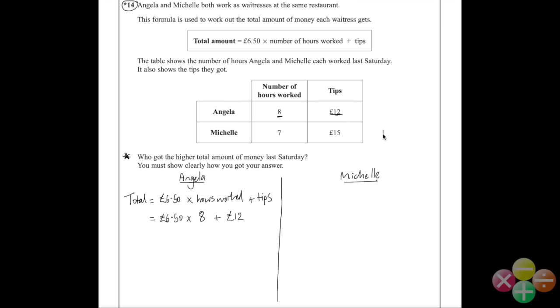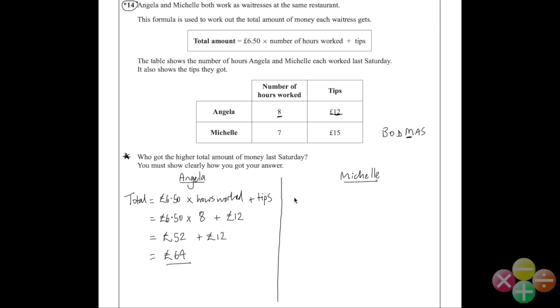So we need to remember BODMAS, because BODMAS tells us what order to do things in. Here we've got a multiply, but we've also got an addition. So which do we do first? Well, BODMAS tells us to do the multiply before the addition. So we do £6.50 multiplied by 8, and that will give us £52. We will add to that £12 tips, which gives us overall £64 for Angela.